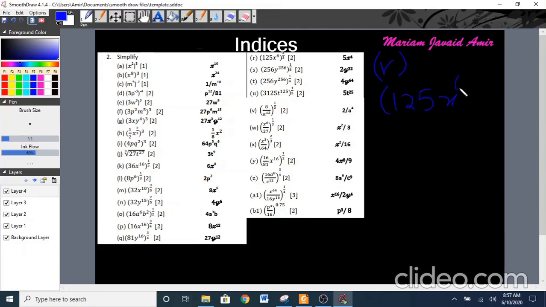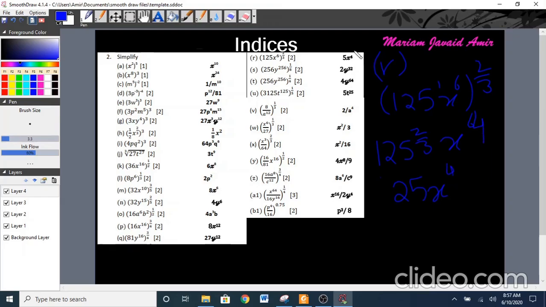Part R, 125 x^6 power 2 by 3. For 125, the power is 1 times 2 by 3, we get 2 by 3, and x power 6 times 2 by 3. For mental calculation, cube root of 125 is 5, and then 5 squared is 25, times x power 4.